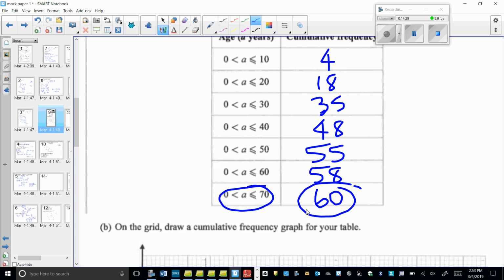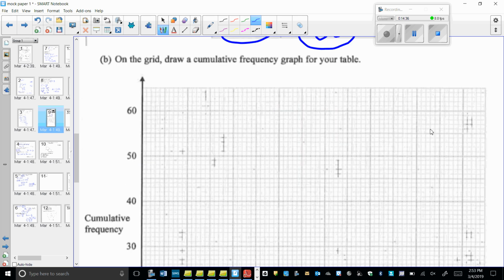Now we have to draw the cumulative frequency graph. So remember, we plot our end point and our cumulative frequency. So it's 10 and 4.